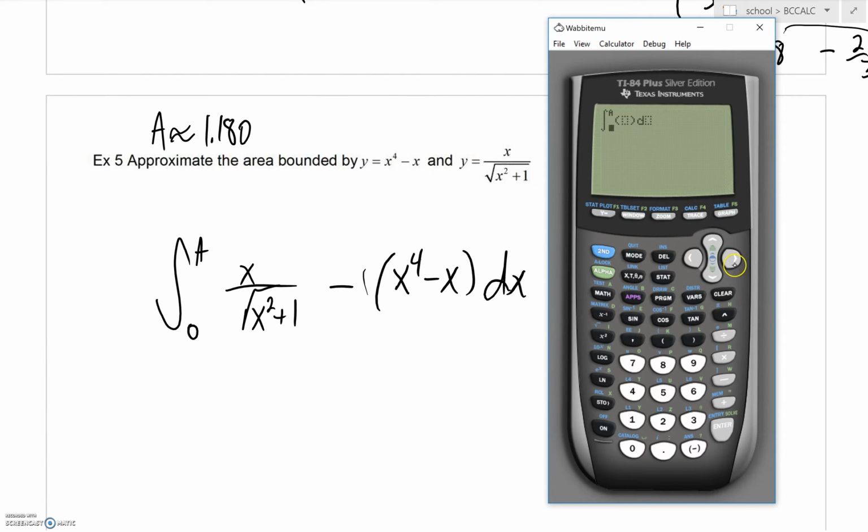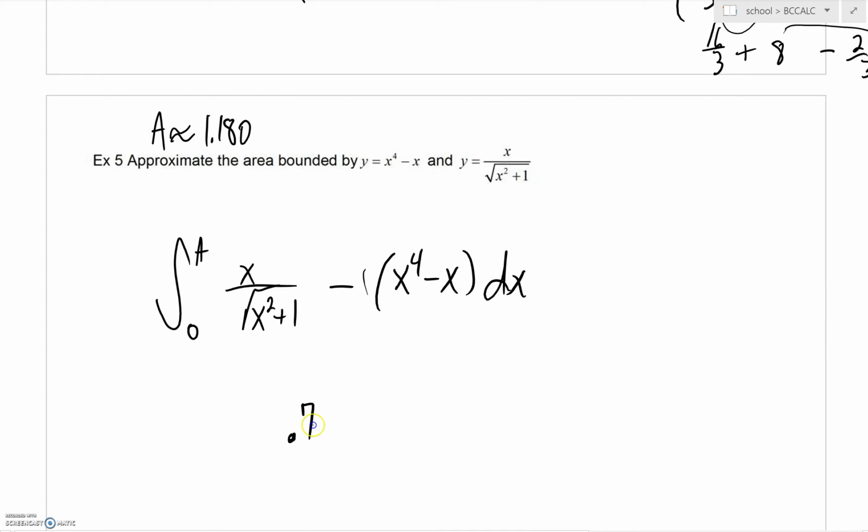Instead of having to type out everything, I'll go vars, y-vars, function. We'll have our y2 right here. Now subtract vars, y-vars. We'll have y1. So I don't have to retype everything out. And you can see we get roughly about 0.785.